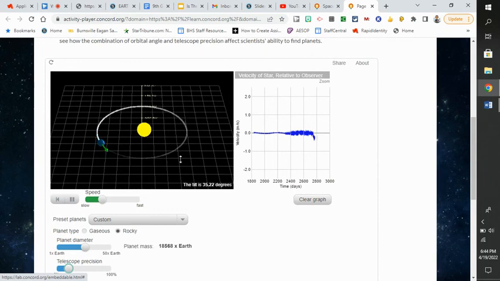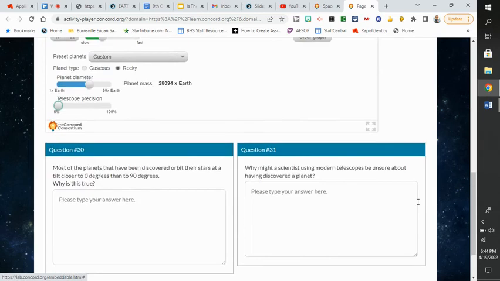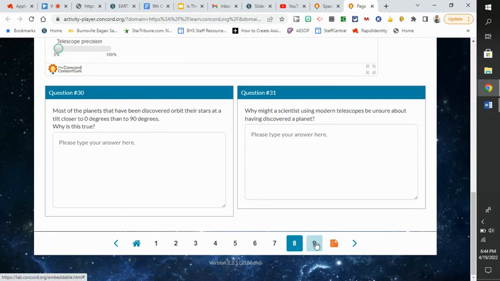We can move it like this, and you can see even with big planet diameter but horrible precision of a telescope, right? You can still see the movement of the star, the wobble of the star caused by the planet. I'm going to move on to the next one. I think you guys should be caught up pretty well.